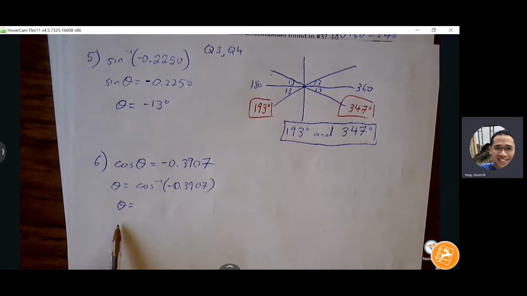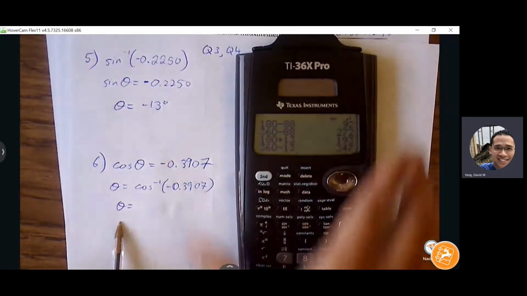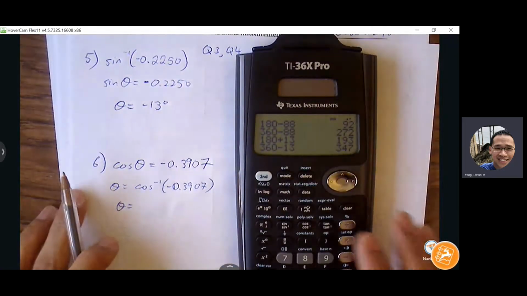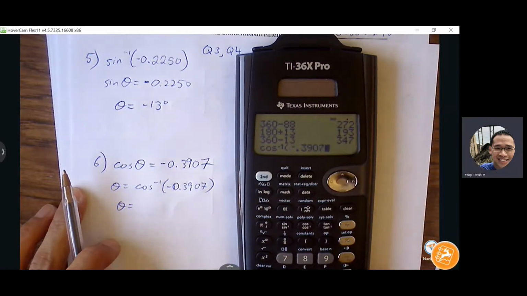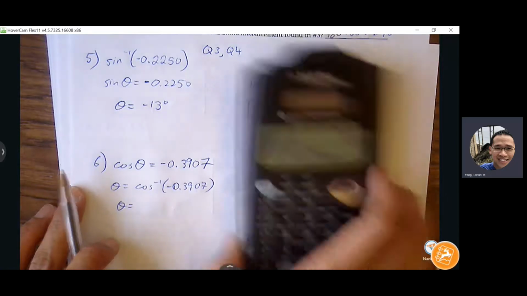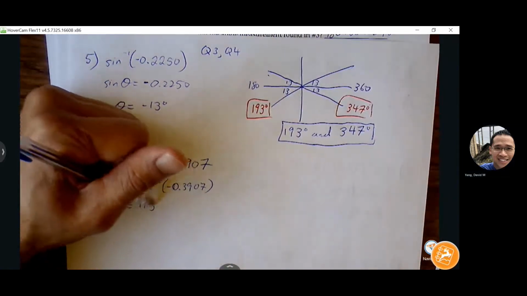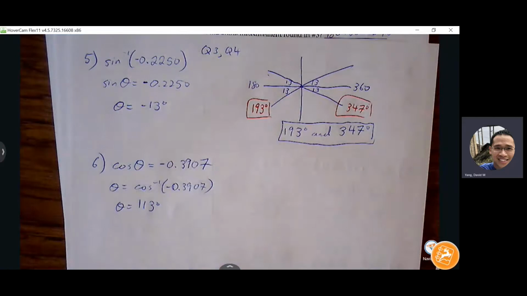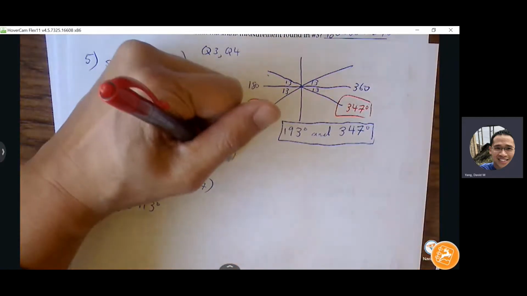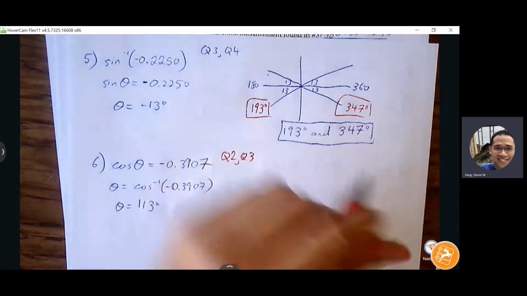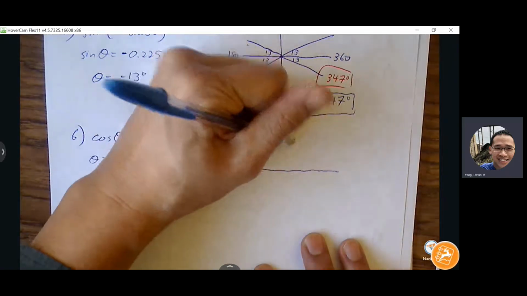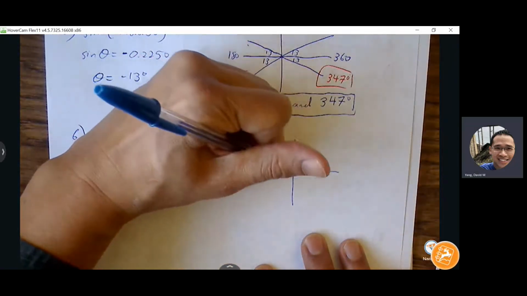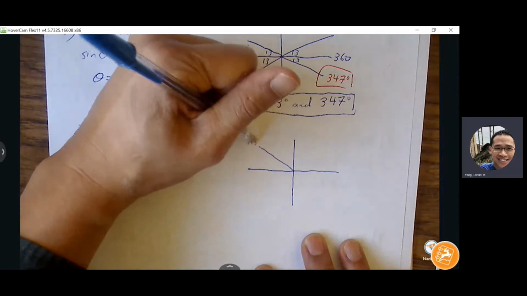Okay, so this is not going to spit you out the reference angle initially. You got to find that reference angle after you put it in the calculator. 113°. You know that cosine is going to be negative in the second and the third quadrant. So from that 113°, we got to figure out what that reference angle is, right?